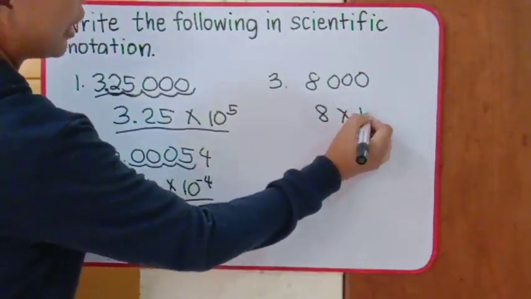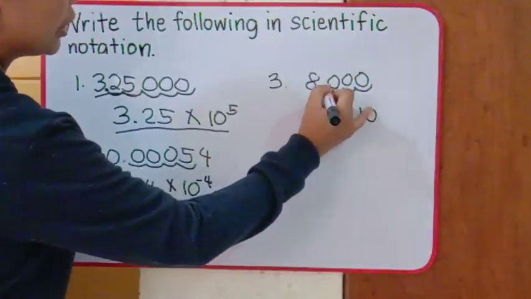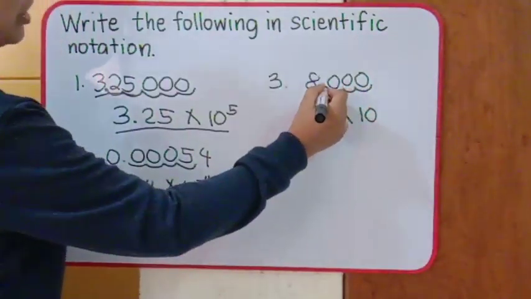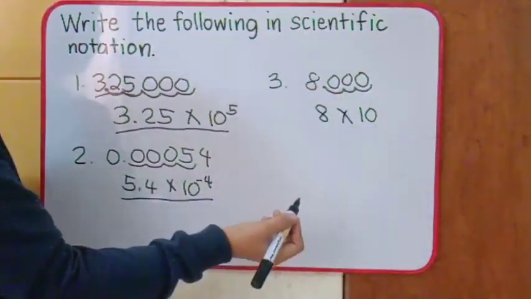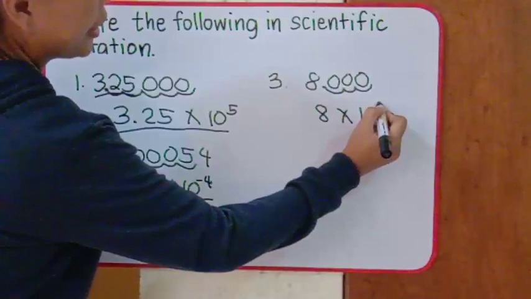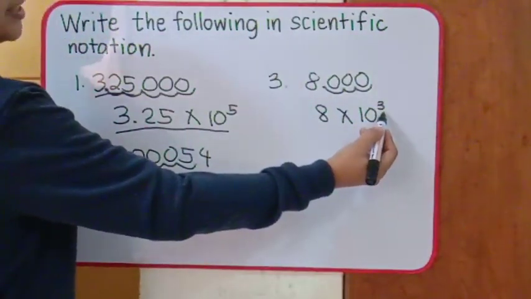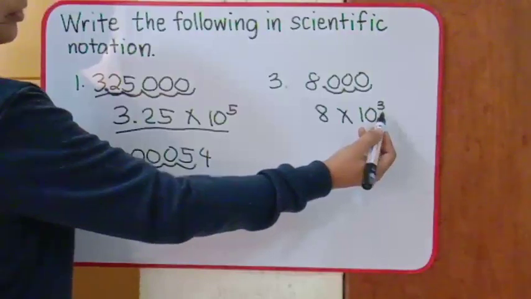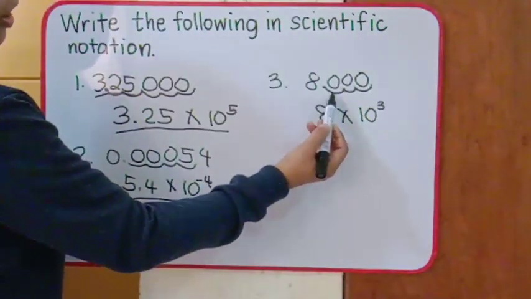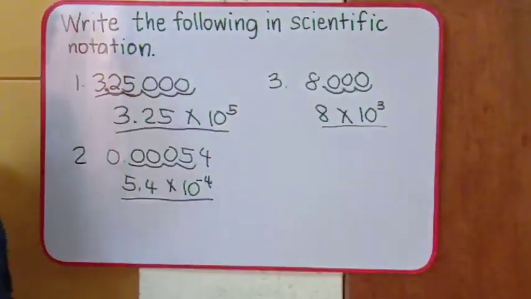So times 10 raised to 1, 2, 3. So we will stop here because this will be the new location of the decimal point. So we have moved the decimal point 3 places to the left. So this must be a whole number or a positive integer because we change a whole number to scientific notation. So the answer is 8 times 10 raised to 3.